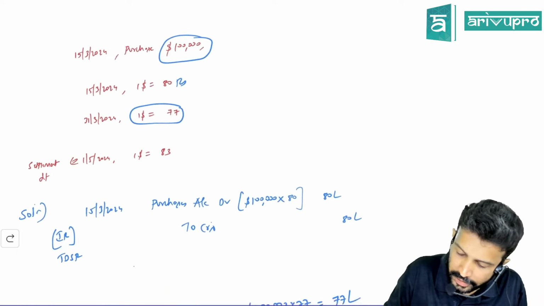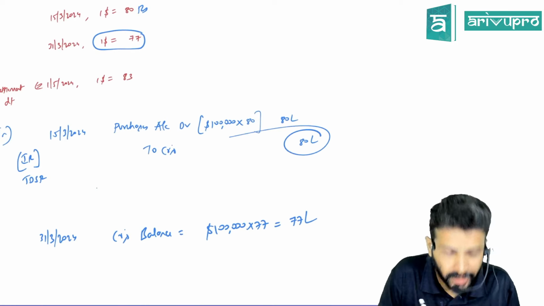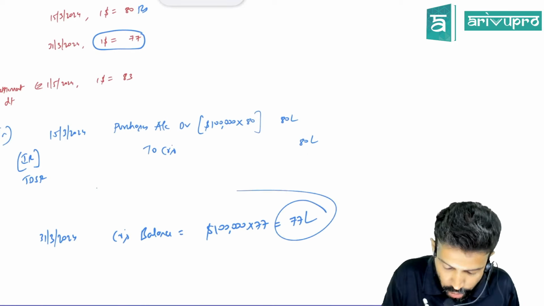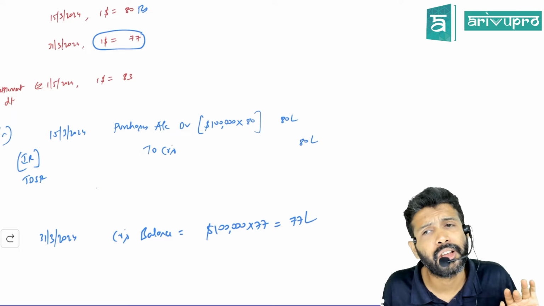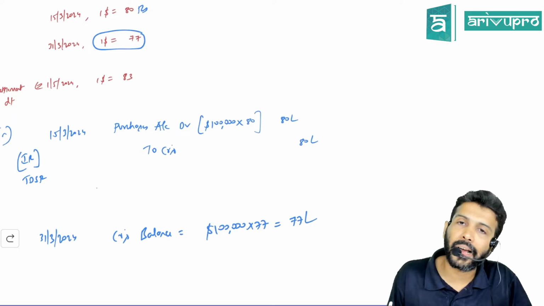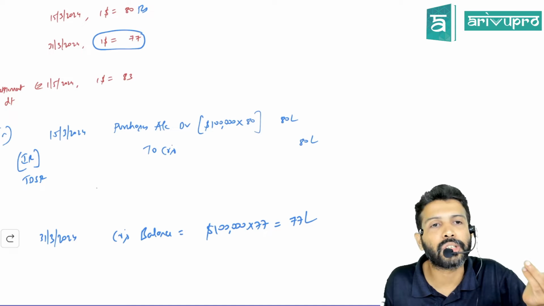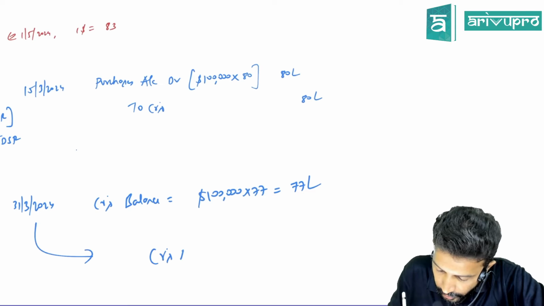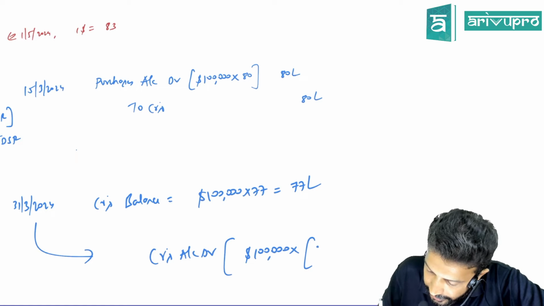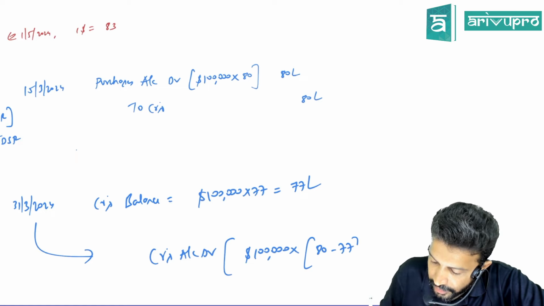Or, just check: creditor is currently shown at 80 but is to be shown in the balance sheet at 77, so you need to reduce it. Creditor is a liability with a credit balance. How do you reduce it? Debit. So what's the journal entry on 31st March? Creditor's account debit. I've converted this $1 lakh at 80 rupees, but it should be converted at 77.